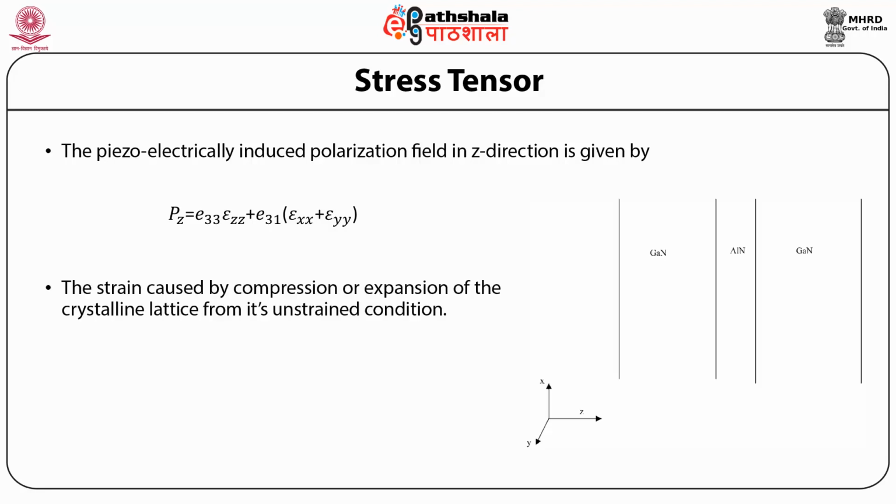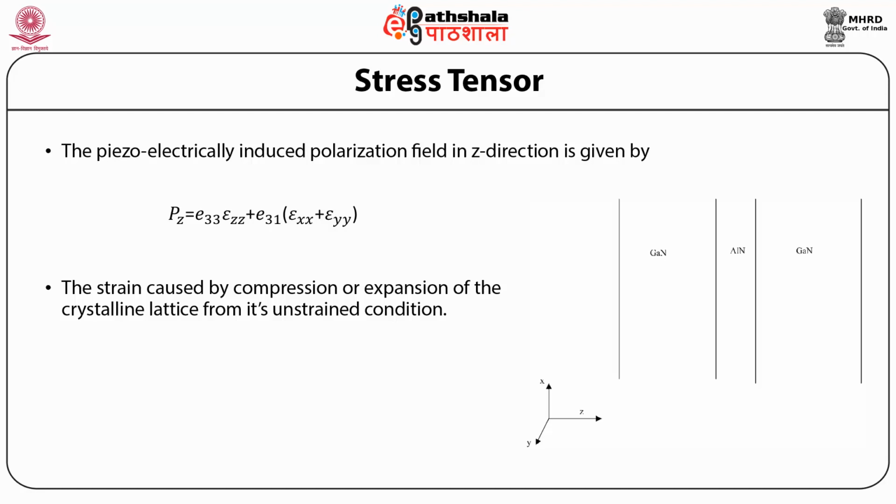So the strain caused by compression or expansion of the crystalline lattice from its unstrained condition pushes ions together or pulls them apart. In either case, the local dipole moments are different, resulting in a change in the macroscopic polarization vector P.